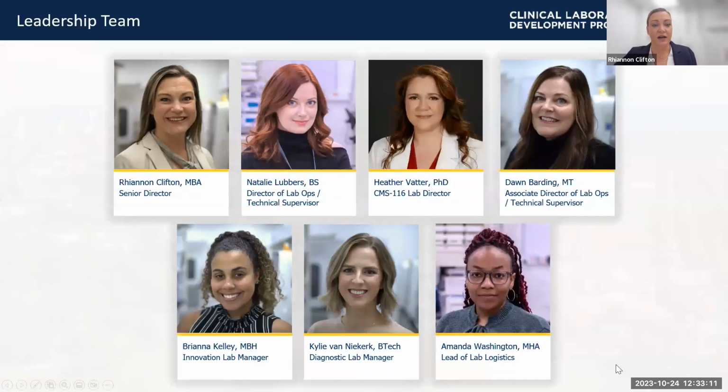And here is our laboratory leadership team. Natalie Lubbers is our Director of Lab Operations and Technical Supervisor. She was in charge of our 10 labs through the SHIELD program. Dr. Votter is our CMS 116 Lab Director. Dawn Barding has extensive experience in hospital labs and is our Associate Director of Lab Operations.